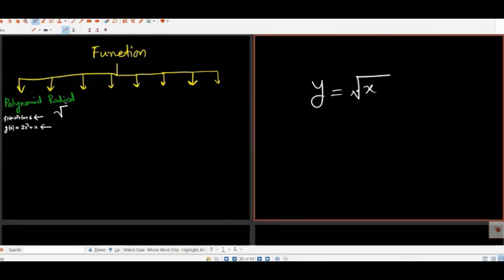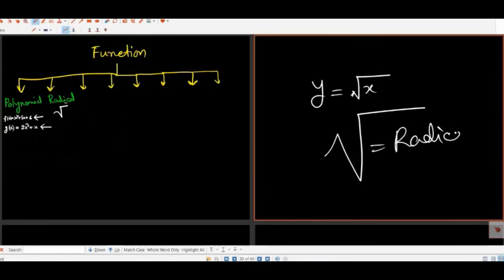This symbol, square root, is called the radical symbol. You can easily understand that the symbol is just like the small letter r. So that's why you can understand where it originates.